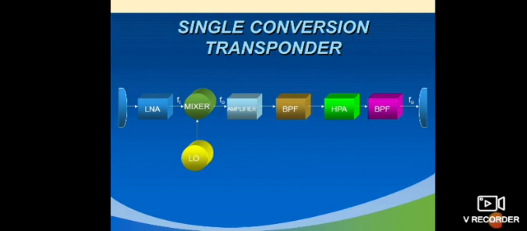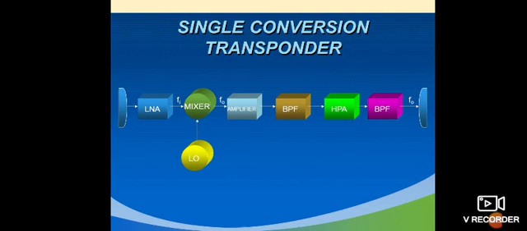What is the purpose of the band pass filter? It only allows the 4 gigahertz frequency range of signals, and it is used to channelize the output. It also eliminates the harmonics present in our output. That is the purpose of the BPF, band pass filter.